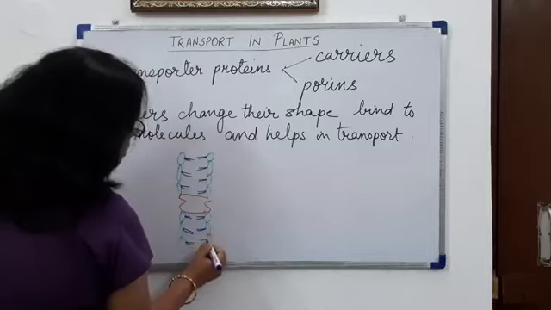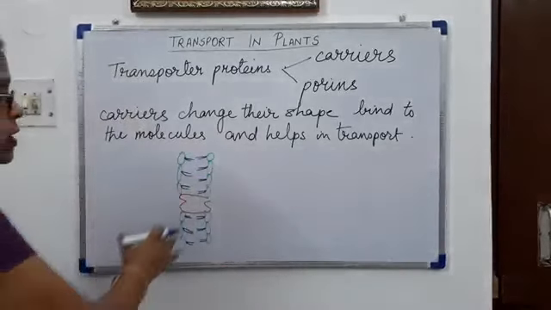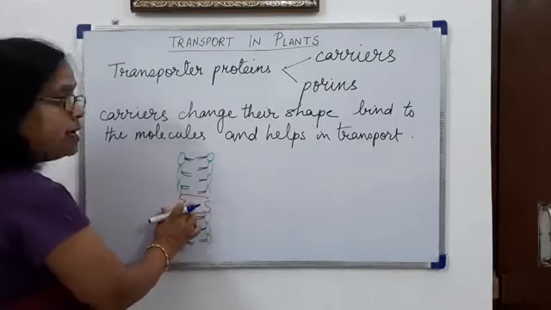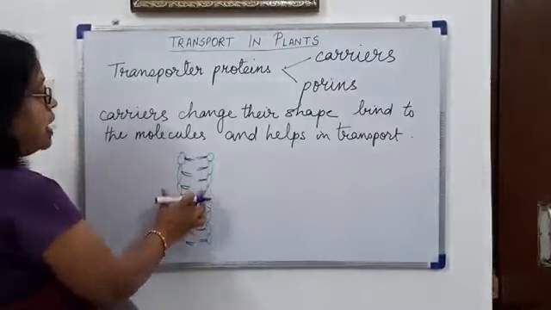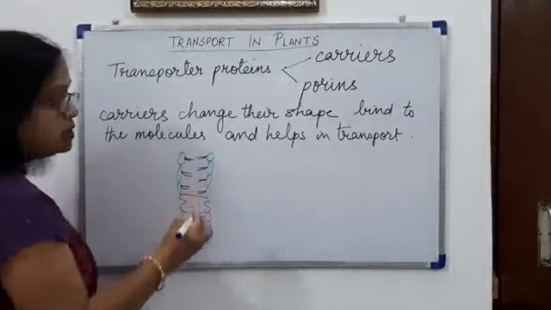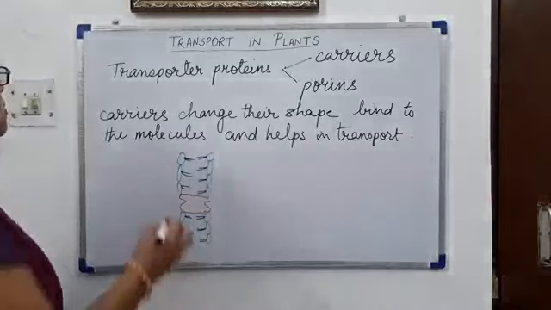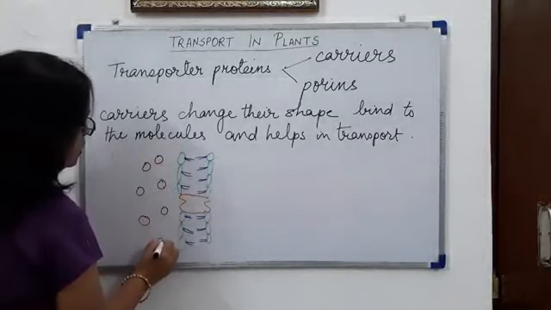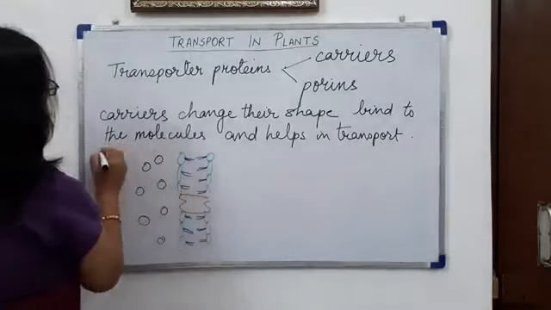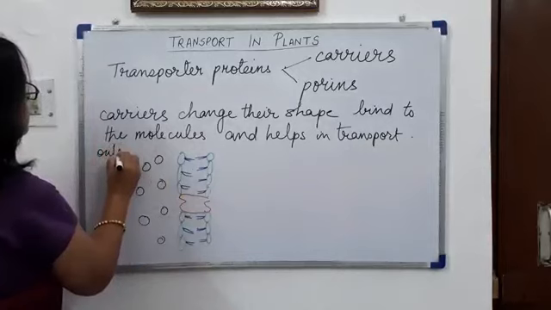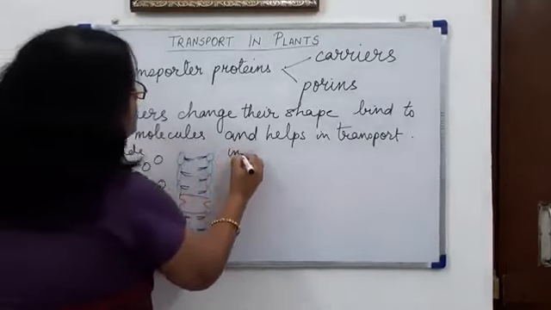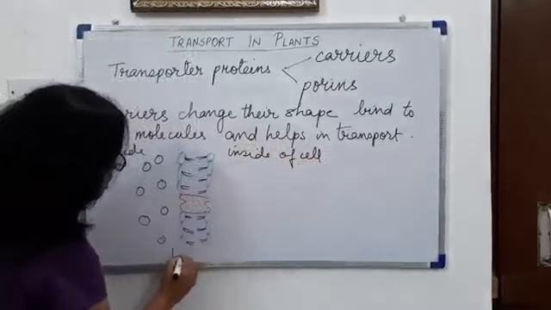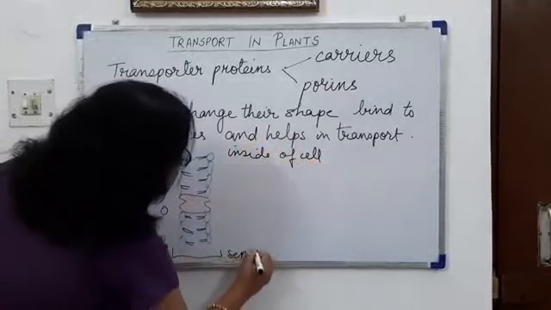This is the biomembrane, the diagram of the cell membrane, and this red color is the protein embedded in it. This is the outside of the cell and this is the inside of the cell.